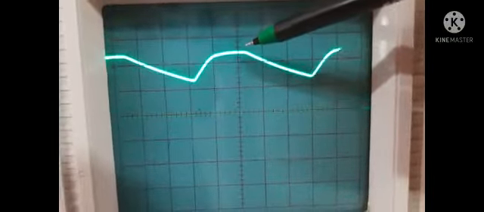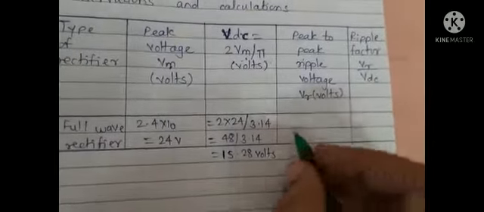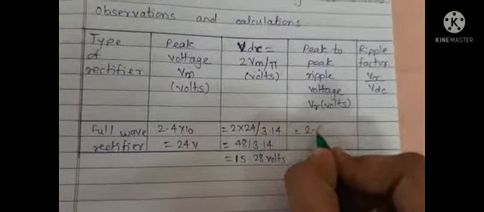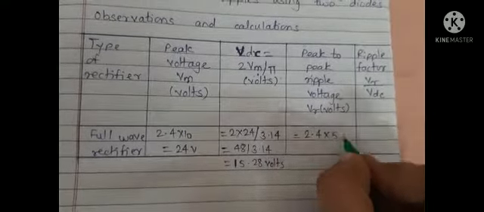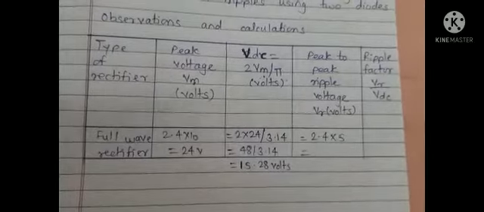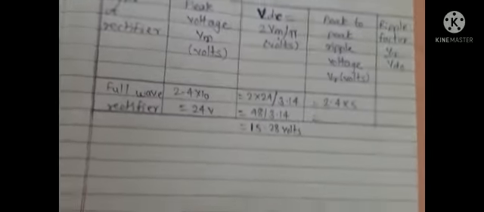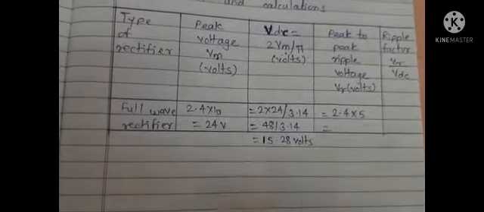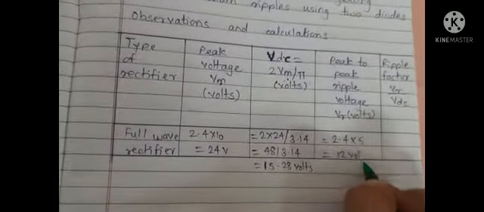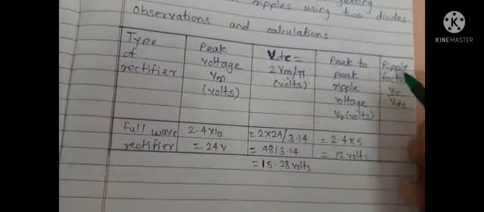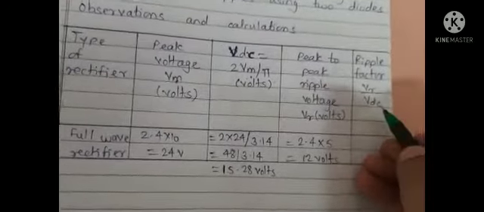This is 0, 1, 2, and we get 2.4, and that value is 5, and therefore VR is equal to 2.4 into 5. We get the answer 12 volts.